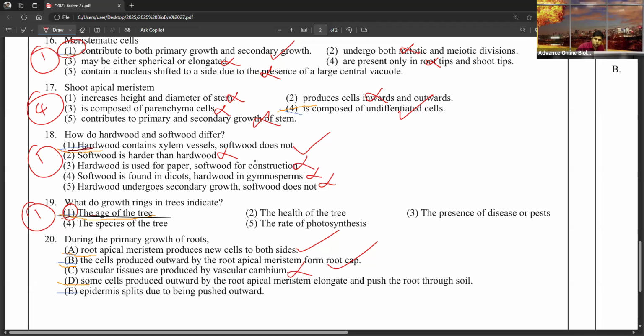Primary growth, wrong. Some cells produced outward by the root apical meristem elongate and push the root through the soil.